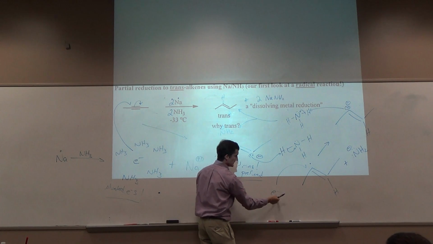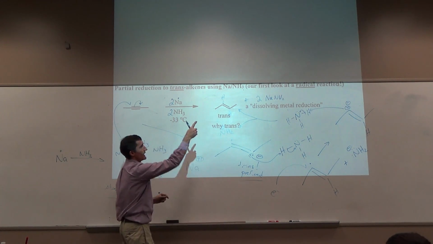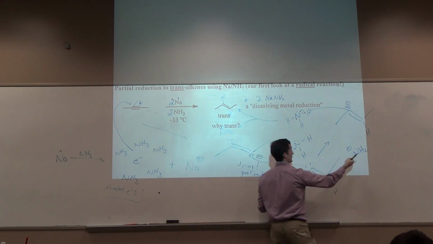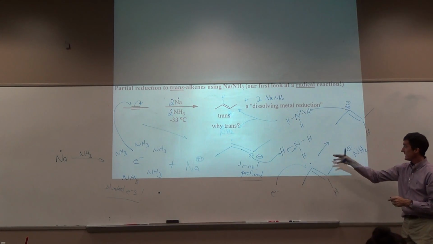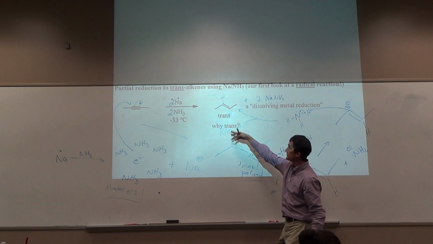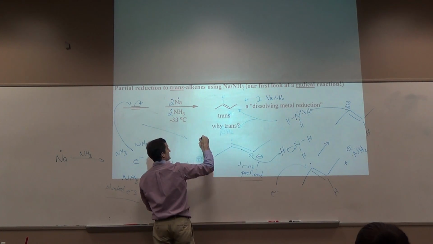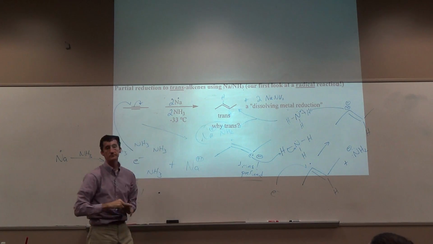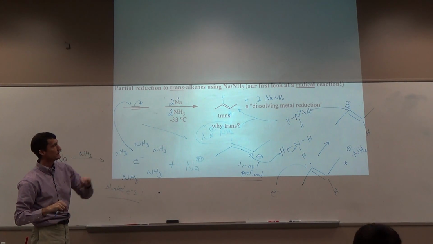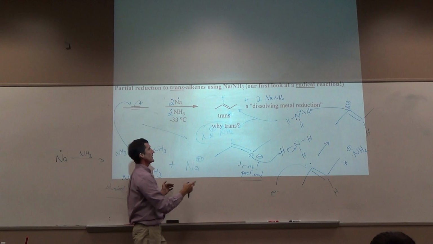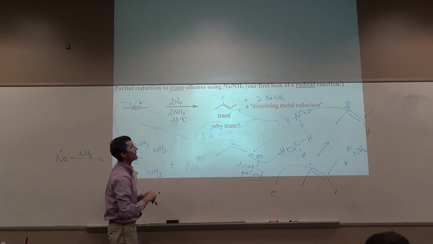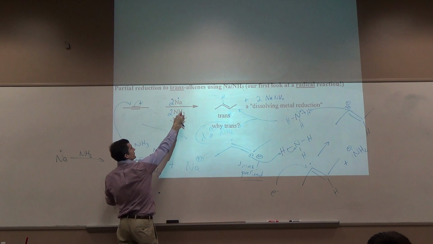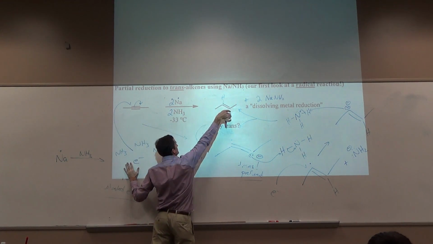Sodium ion was formed when the second electron was given up. How did we get the 2 NH2 minuses? We formed one here when it supplied the H, and then we formed another here when it supplied the H. Every minus has a plus with it. Here you go, that's ionic. Just like sodium chloride, it's sodium plus, NH2 minus. 2 of those, that should be balanced now. 2 of these H's end up here.